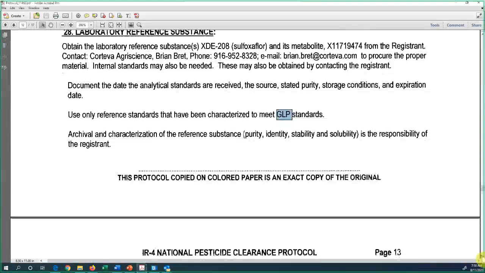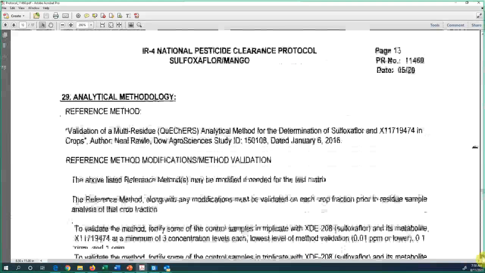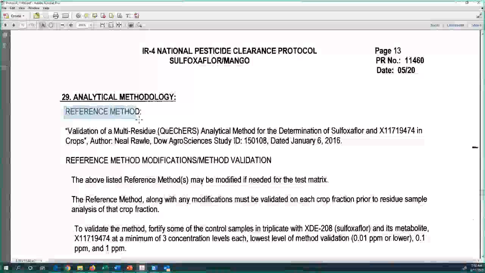In this case, we talk about analytical method. Okay. So, and this method is here, okay? This is using the QuEChERS method to do the determination on the parent and the metabolite. Because this word, it's very difficult to remember such a long name. I typically just use the first 4, just the X117.